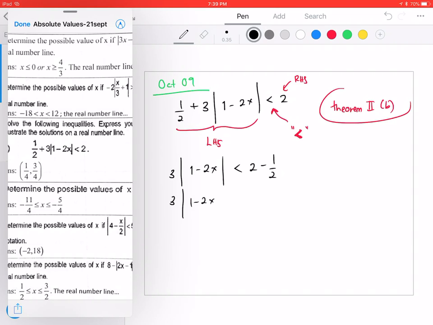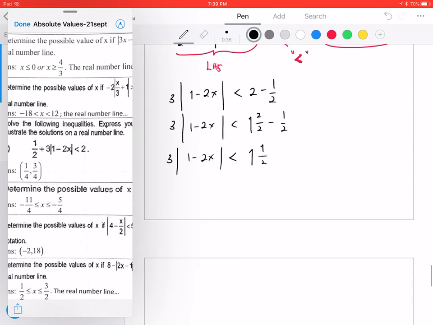So how do you simplify that? This one is equivalent to 2/2 minus 1/2, so you get 1/2.